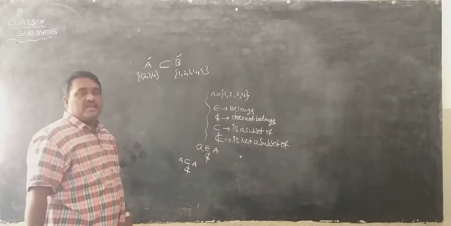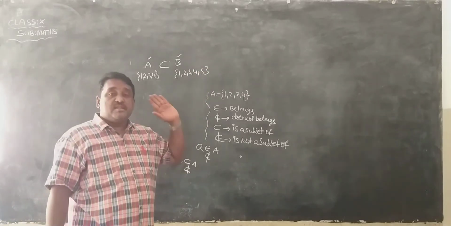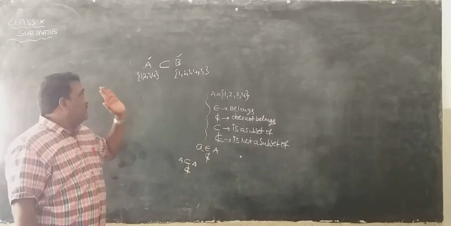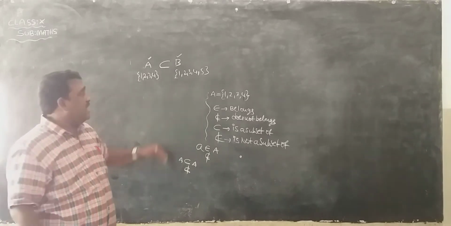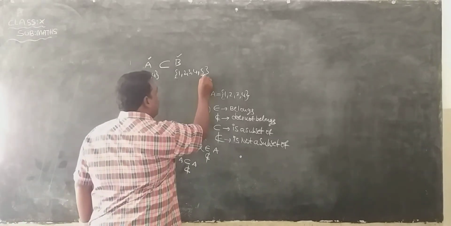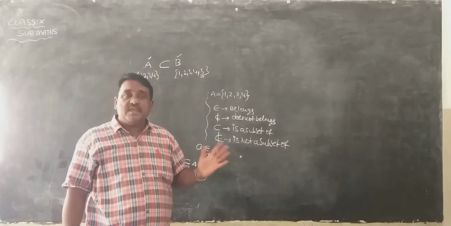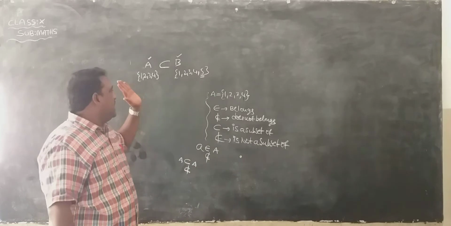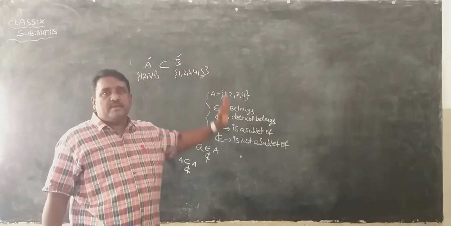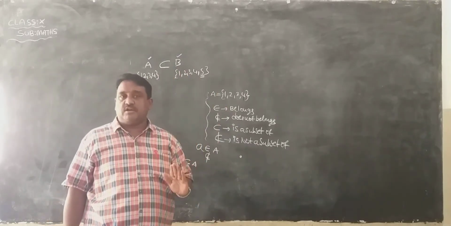Then we say A is a subset of B. See this example: all the elements of A are in B and B contains one extra element, 5. So B is big, A is small.